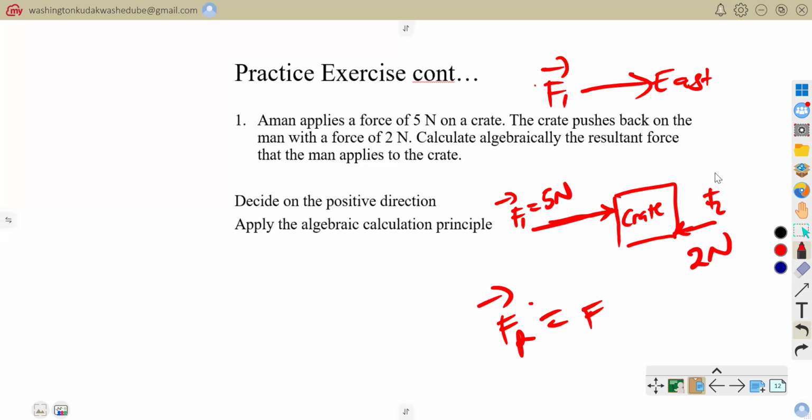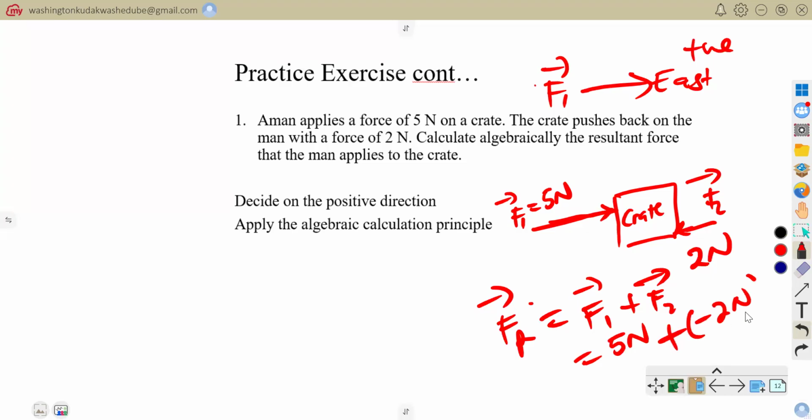This is F2. It has to be equal to F1 plus F2. Now I will need to choose a positive direction. So let me take east to be positive, so that my F1 would be positive. It will become positive 5 newtons, plus my F2 would be a negative, so it would be negative 2 newtons.